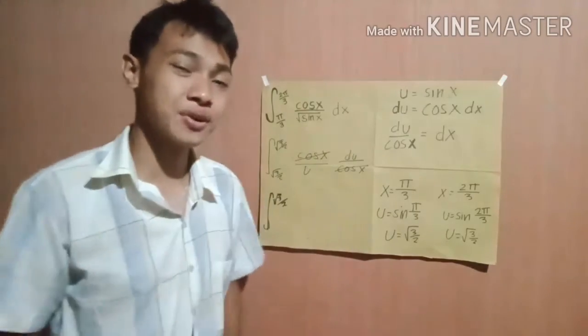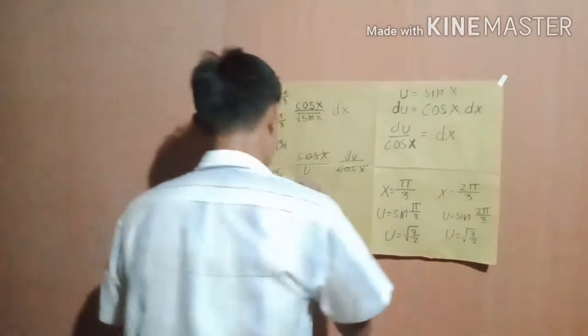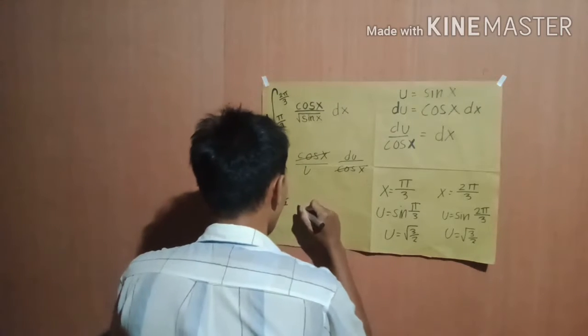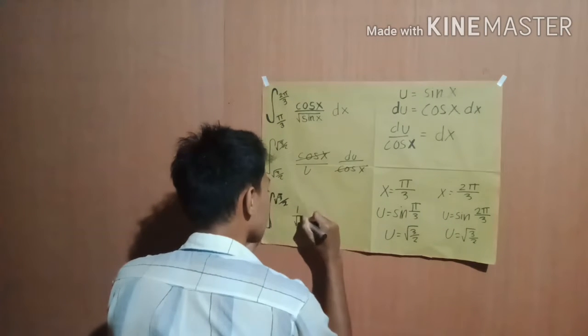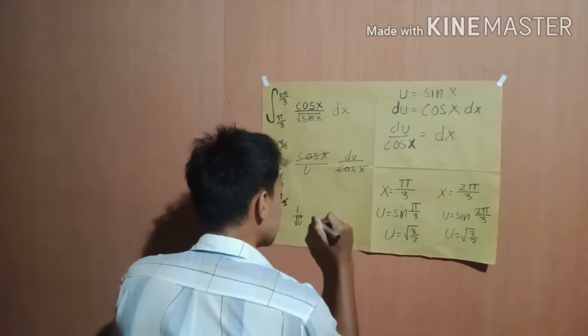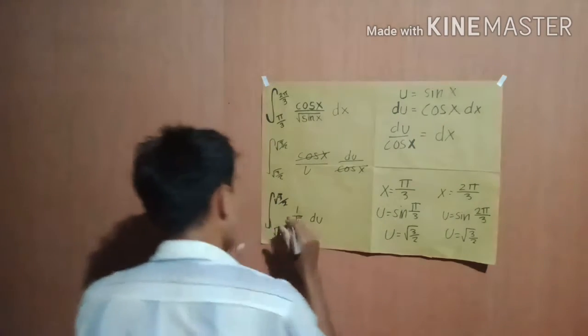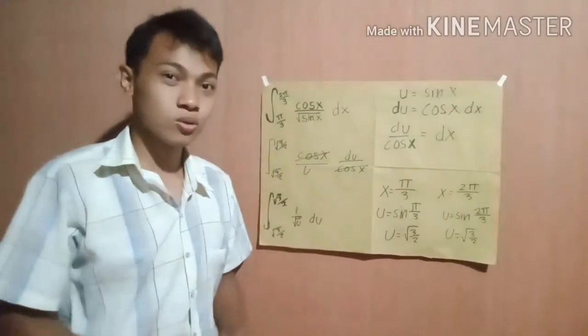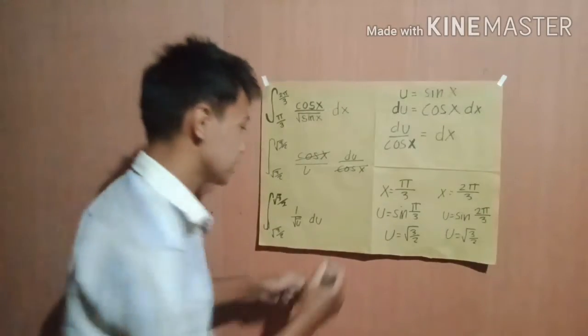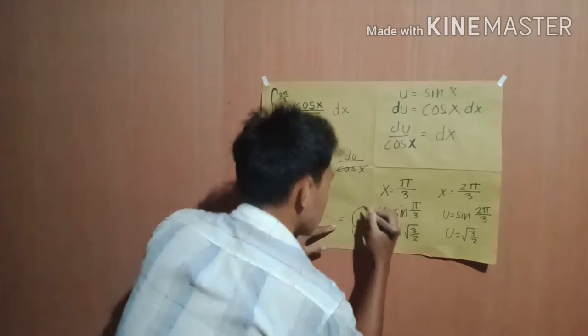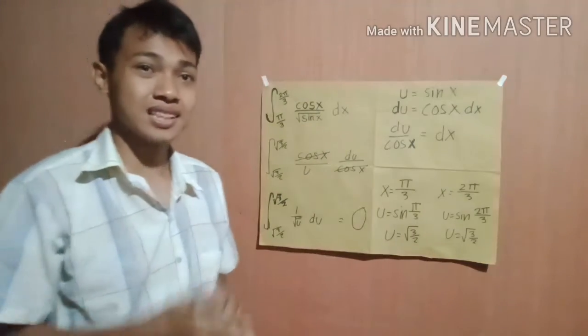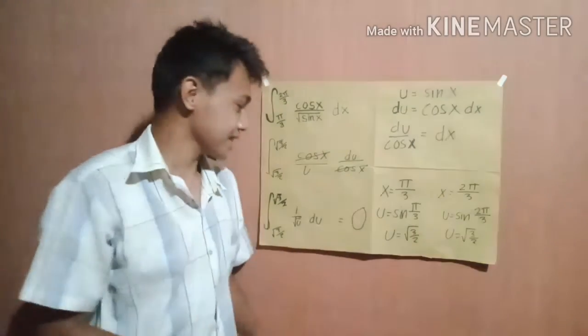So I have here the integral of 1 over the square root of u du. Also copy the upper and the lower limit. So the final answer here is 0. Why? Because the limits of integration are the same.